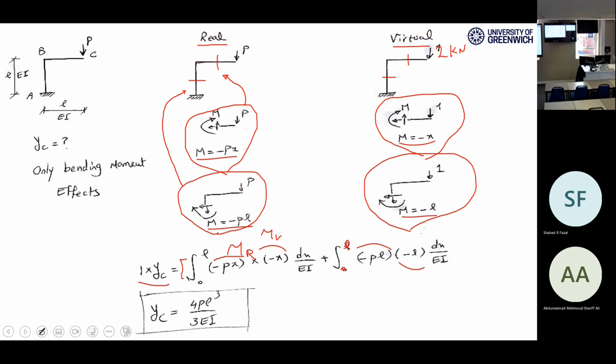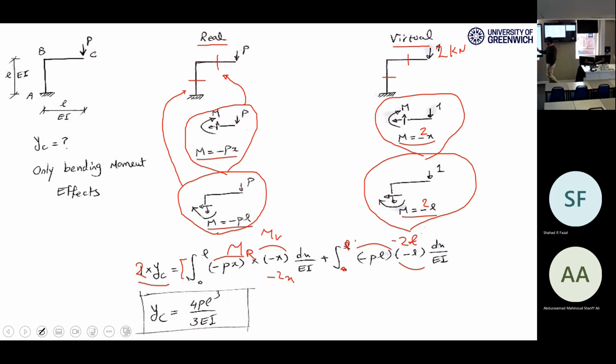If you double the virtual loading, you need to write 2 here, but all of these will be doubled. This is minus 2L, this is minus 2x. All of the MV will be doubled as well.